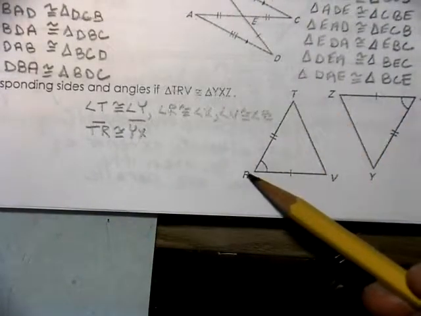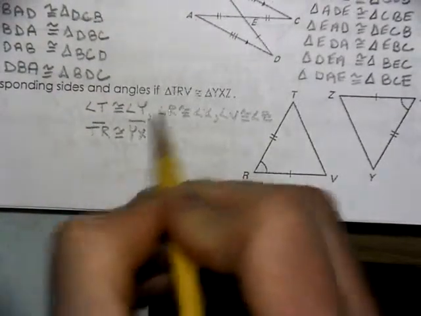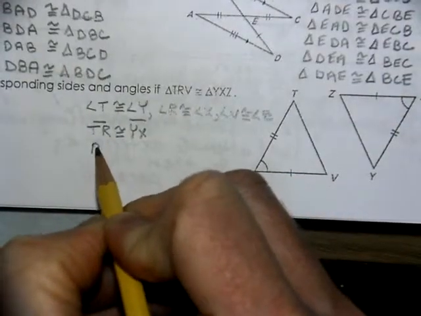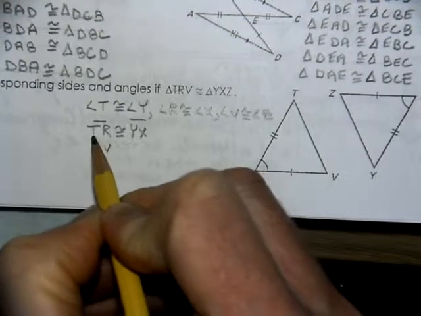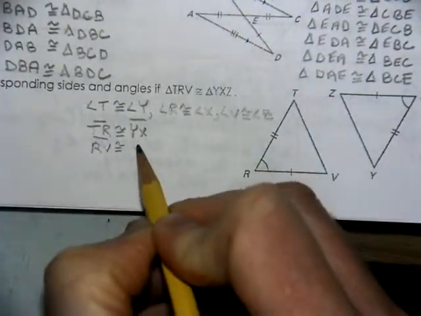T and R is going to line up with Y and X. The second two letters, which maybe you'd say were RV, are going to line up with XZ.